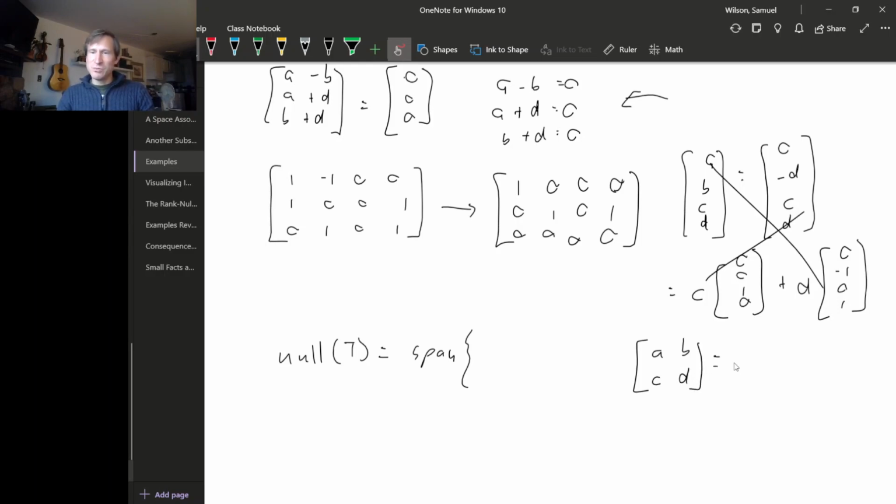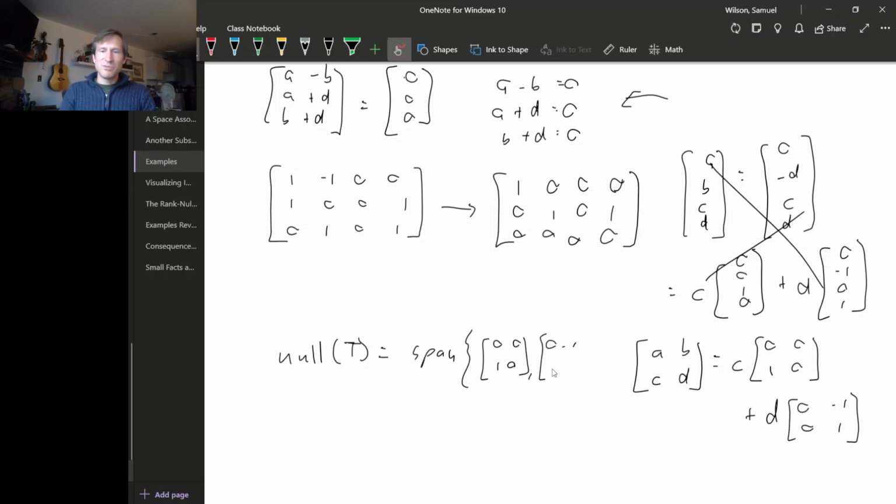So this should be c times the matrix [[0, 0], [1, 0]] plus d times the matrix [[0, -1], [0, 1]]. There we go. So the null space of this map is spanned by the two matrices [[0, 0], [1, 0]] and [[0, -1], [0, 1]].